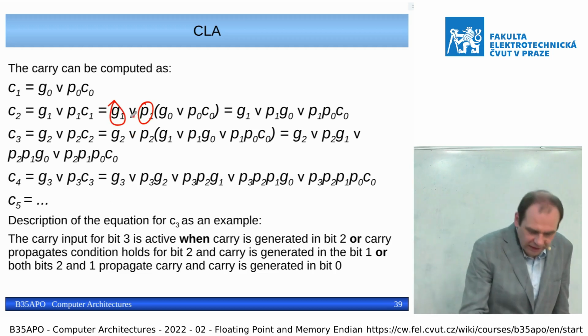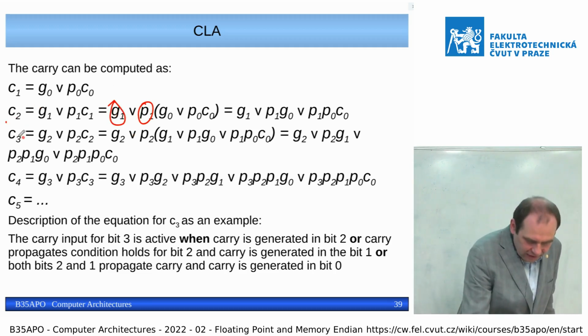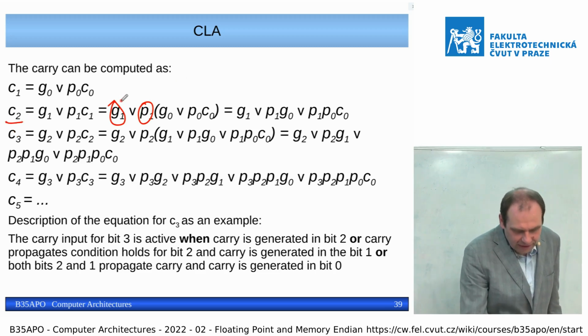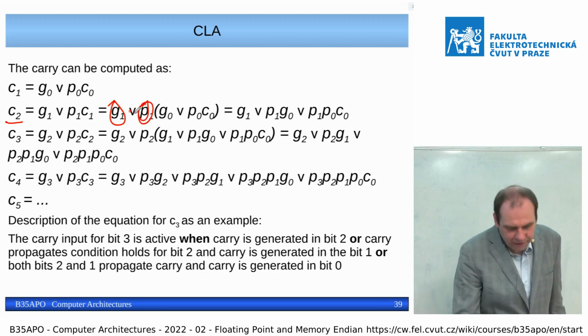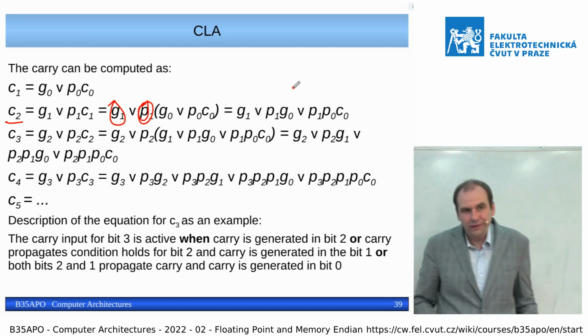So basically, for C2, we can generate at bit 1, or there is a propagation from the previous bit, and bit number 0 has to generate the carry.